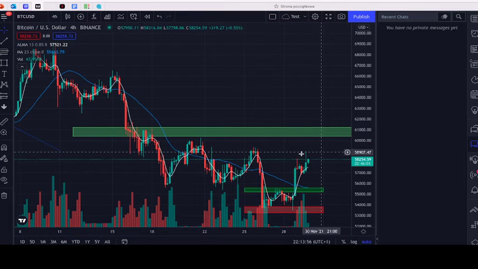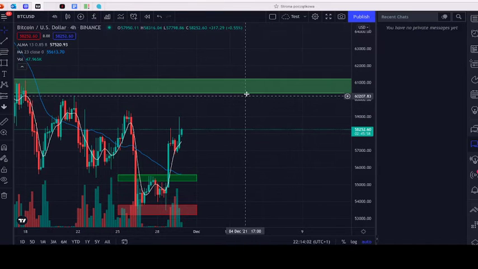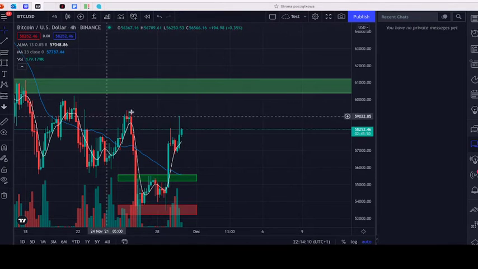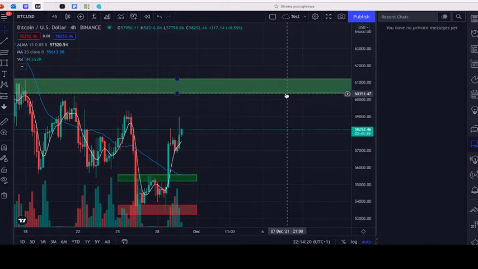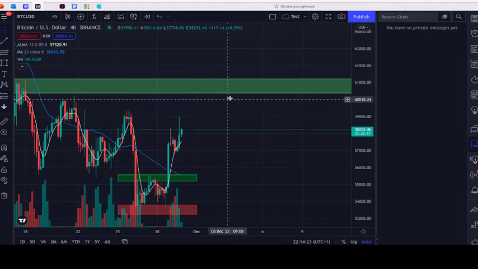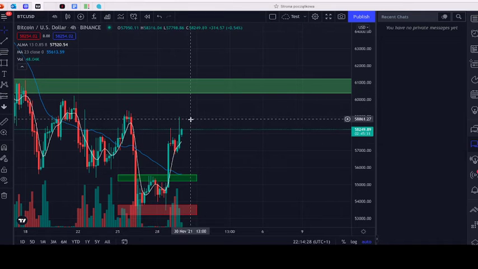So here we have next zone. If we cross that one, we will have next moves up, but we can be close to that zone and get next consolidation, but maybe if Bitcoin is strong enough, we'll take that one really fast.